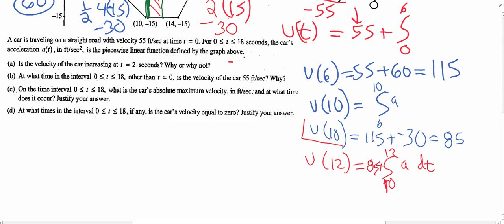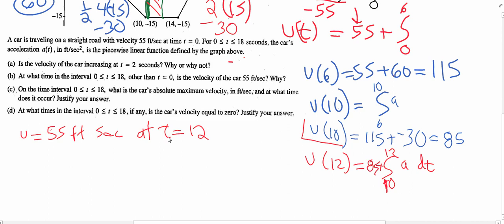So we can say that the velocity equals 55 feet per second at time equals 12 seconds. And we've got all our work justified over here to the right, so we should be okay.